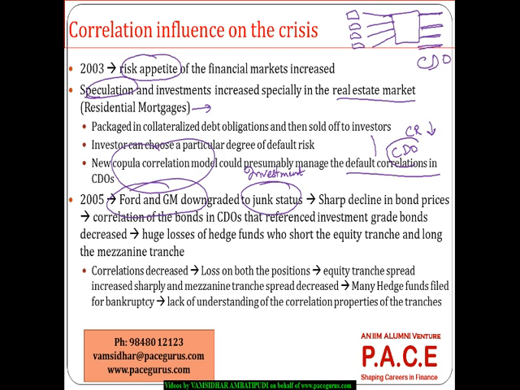A CDO which got an AAA rating should be correlated with bonds which are investment grade. But the CDOs now refer to investment grade bonds, and because of Ford and GM being downgraded, their correlation with respect to the investment grade bonds has actually gone down.